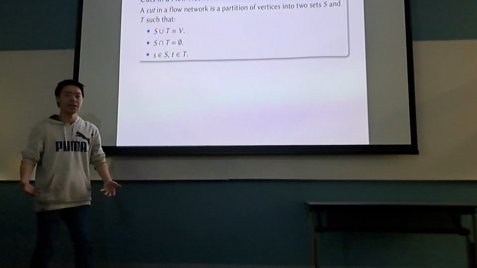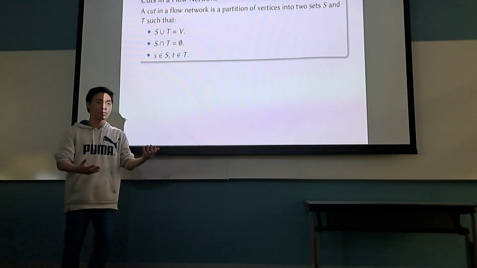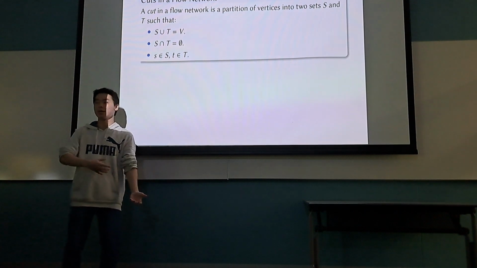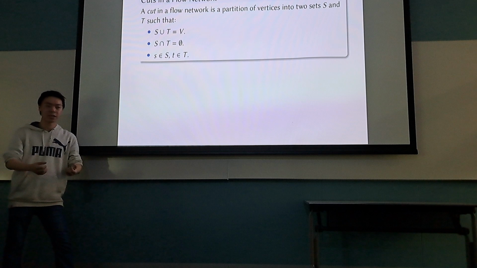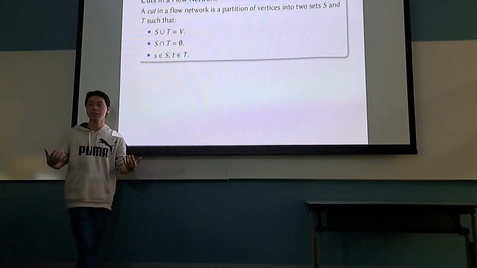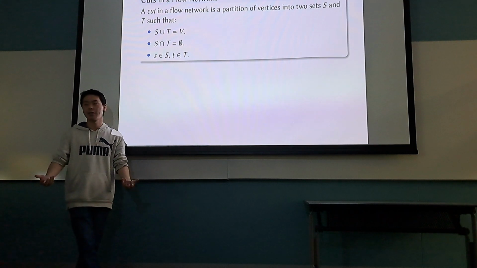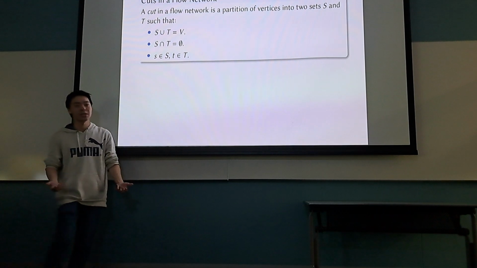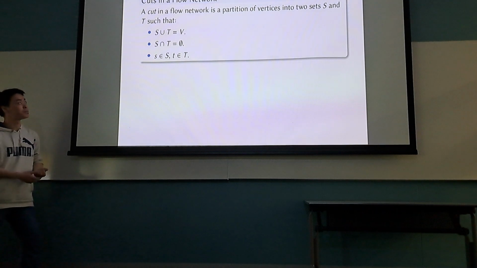The idea of a cut is to separate your graph into two parts, in a way where the source is on one side and the sink is on another side. The reason for this is that we're interested in the number of edges needed to completely separate the source and the sink. It turns out this is a very important concept, and it pops up in what we call the maximum flow minimum cut.